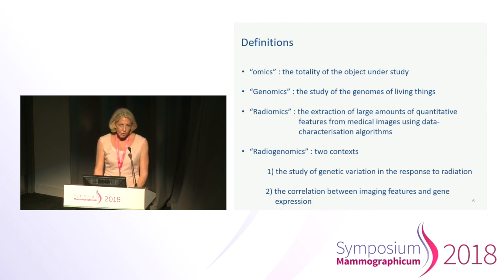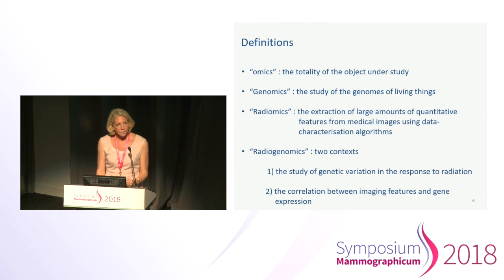Now, the term radiogenomics in itself brings a little confusion because it's actually being used in two contexts. Historically, it's been used by radiation oncologists to describe the difference in sensitivity of a person to radiotherapy. So they've used it to describe an individual phenotype that may be associated with worse late toxicity to radiotherapy or improved outcomes to radiotherapy.